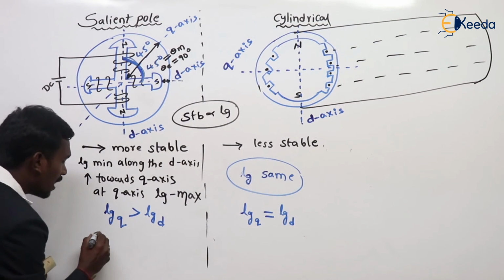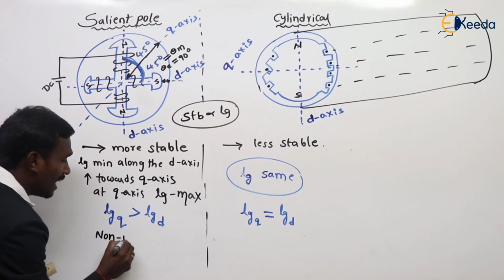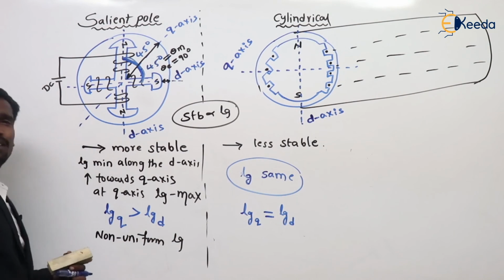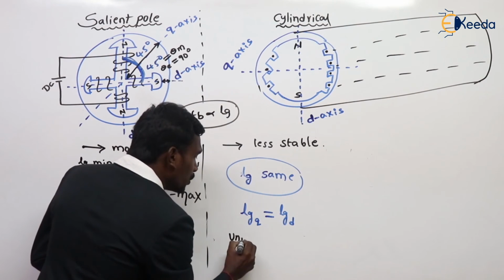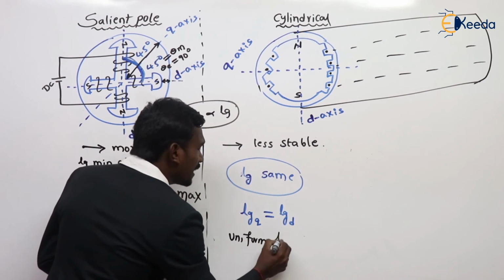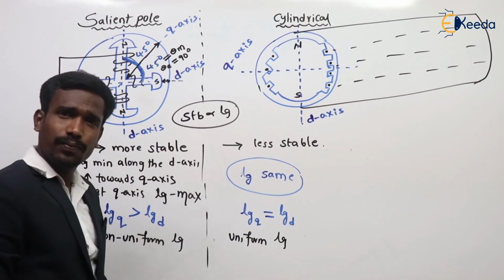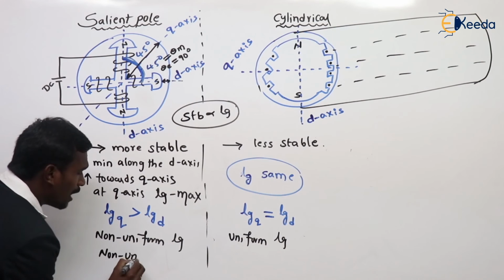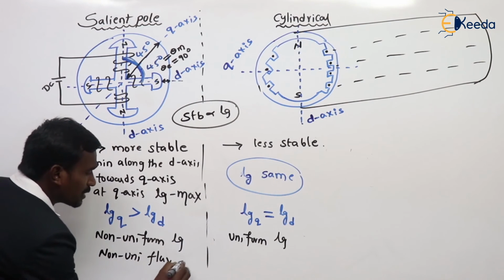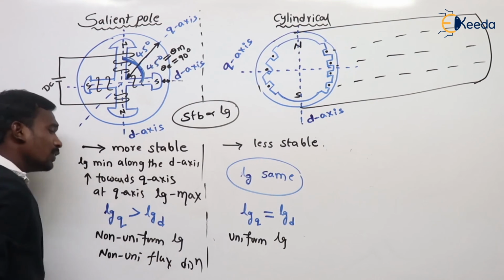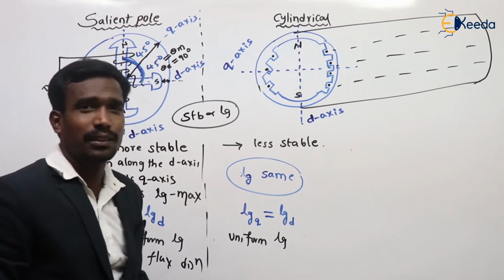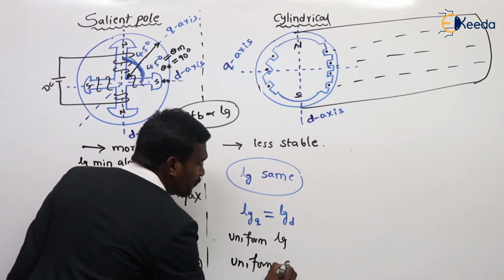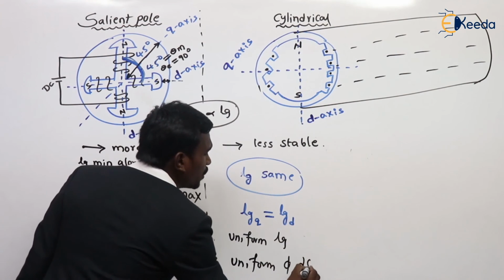Here, non-uniform air gap length. But here, uniform air gap length. Here, non-uniform flux distribution. But here, uniform flux distribution.